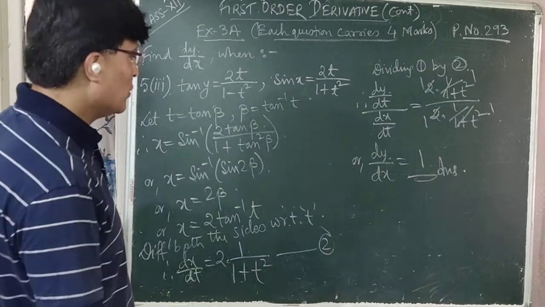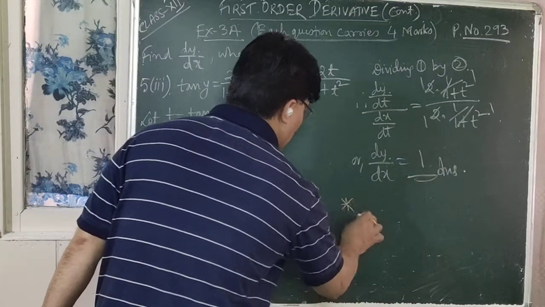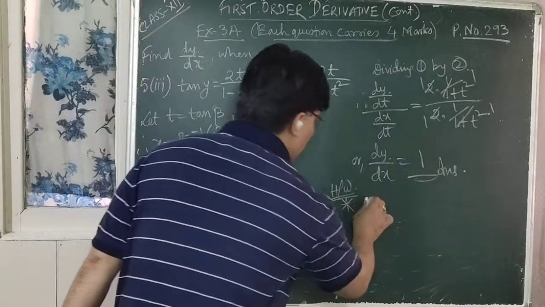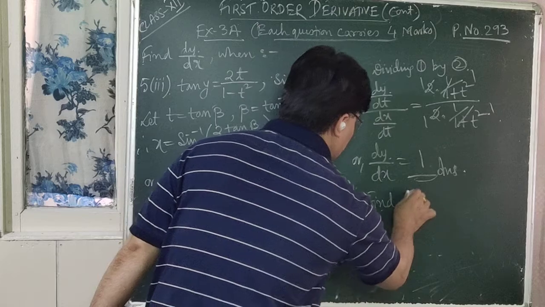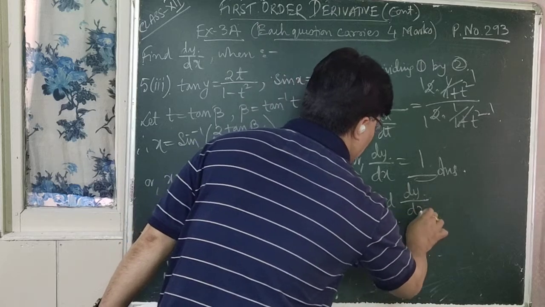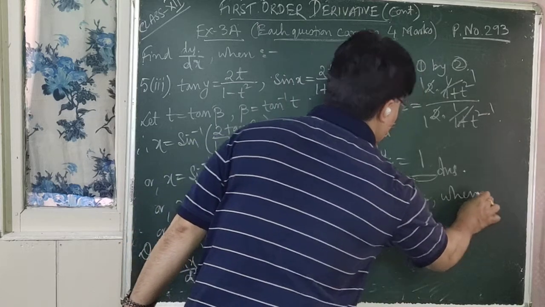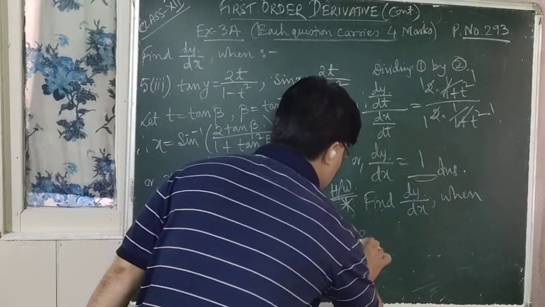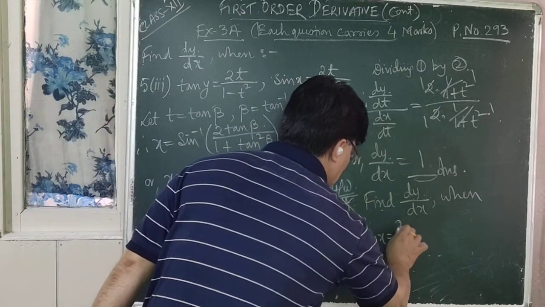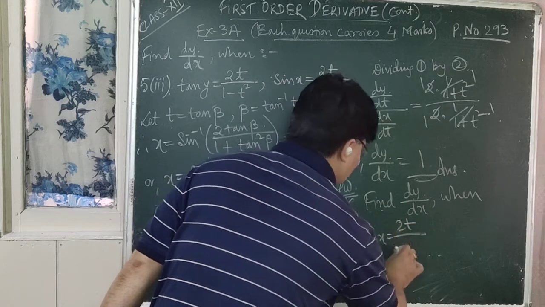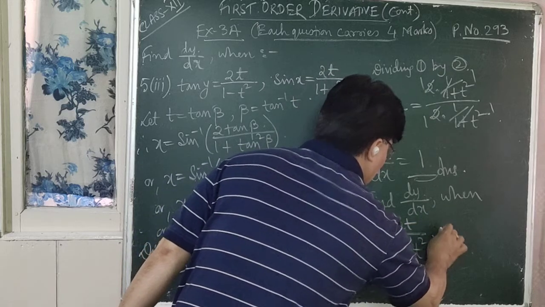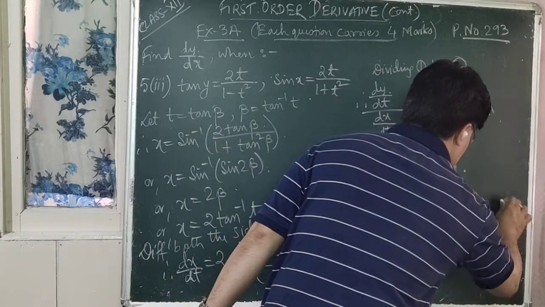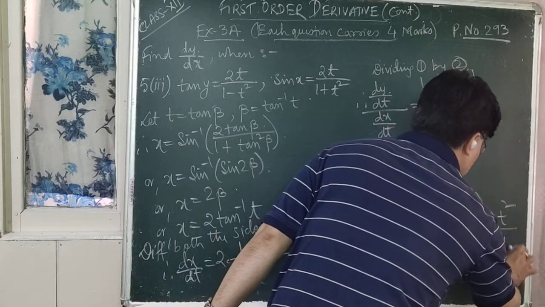Okay. So you can do it at home. This is your homework. I am giving you the homework. Find dy by dx when it is similar to this problem, that is sin x is equal to 2t upon 1 plus t square, and cos y is equal to 1 minus t square divided by 1 plus t square.